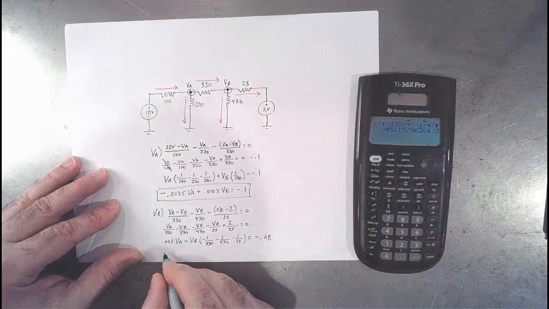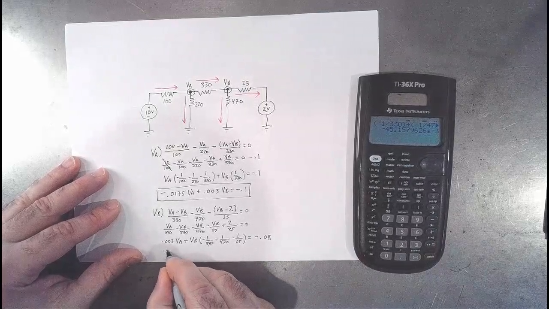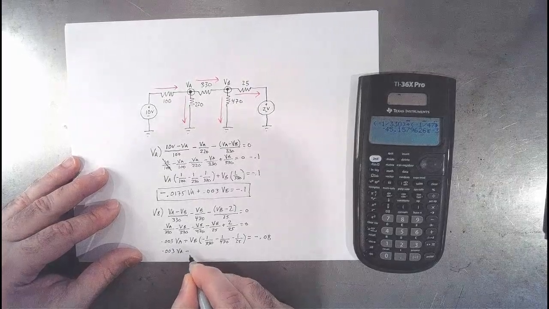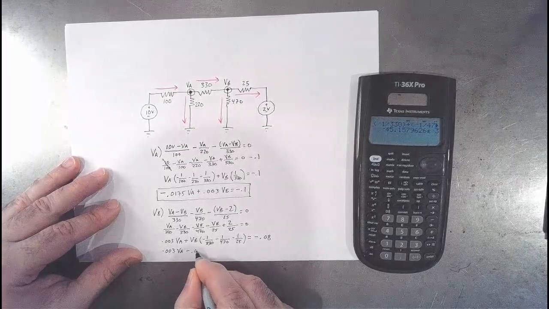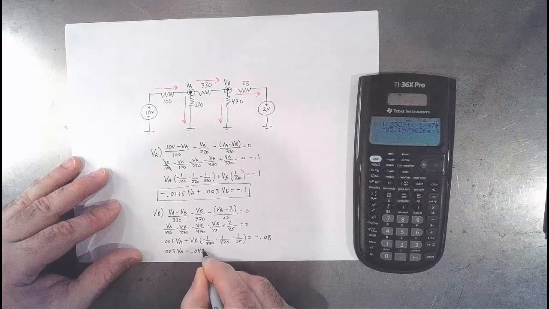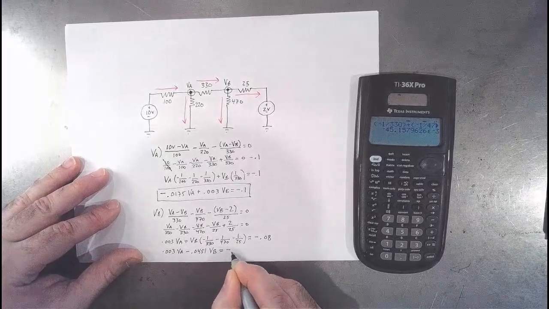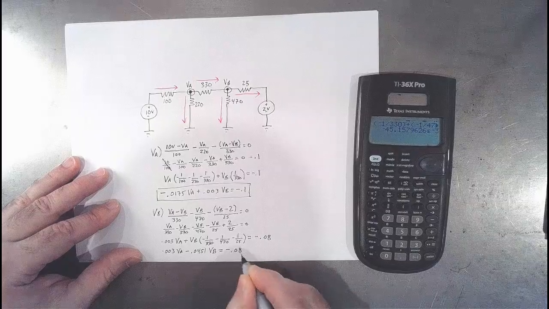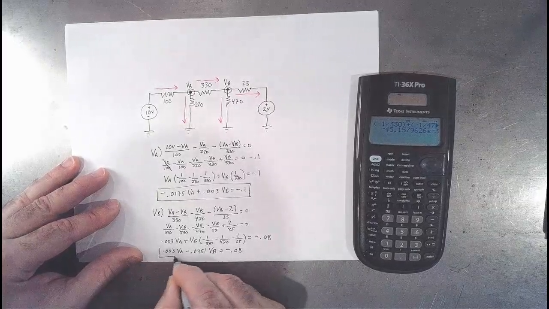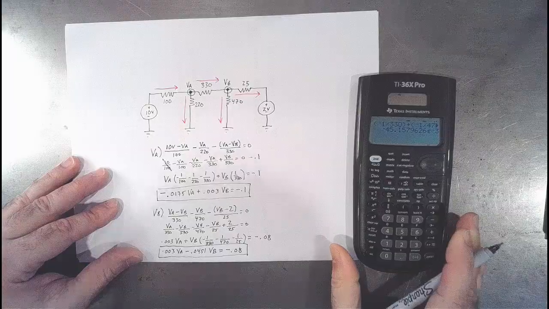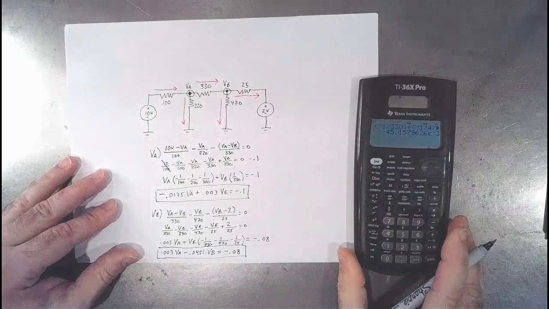So here is our equation. 0.003 VA minus 0.0451 VB equals minus 0.08. And that is our second equation in standard form right there.